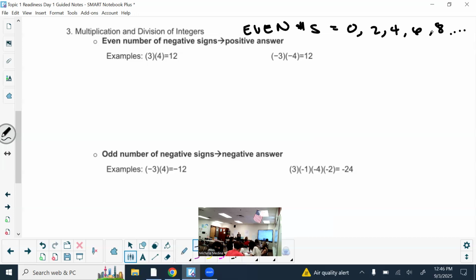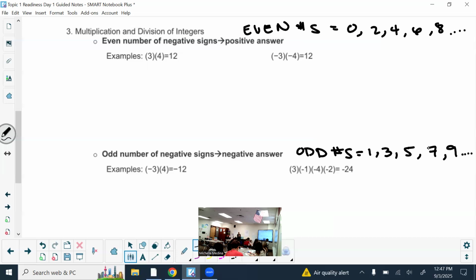All right, so anyway, even numbers are 0, 2, 4, 6, 8. Down here, if we skip ahead, you can put some examples of odd numbers, which are what? And I doubt you'll ever have to do a multiplication or division problem with more than those that we have listed.